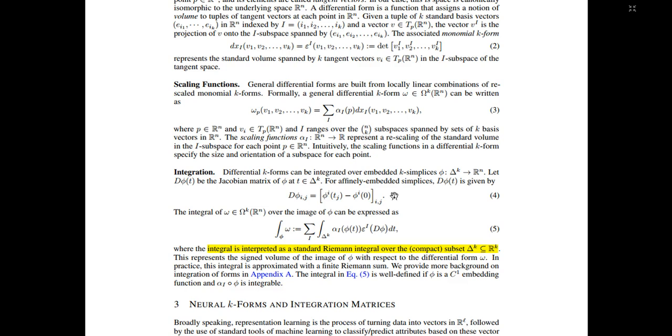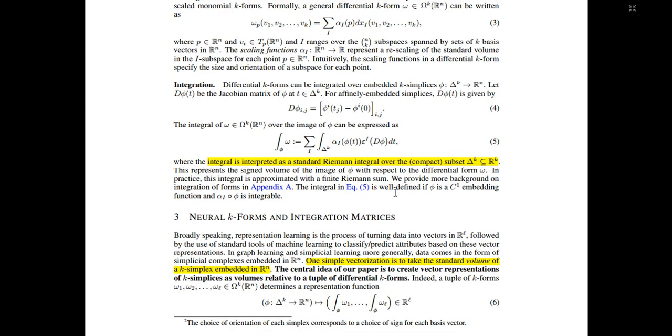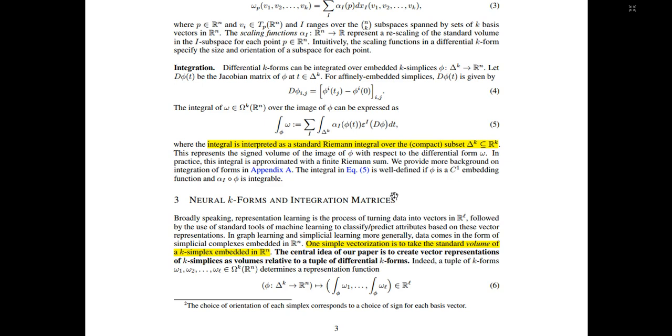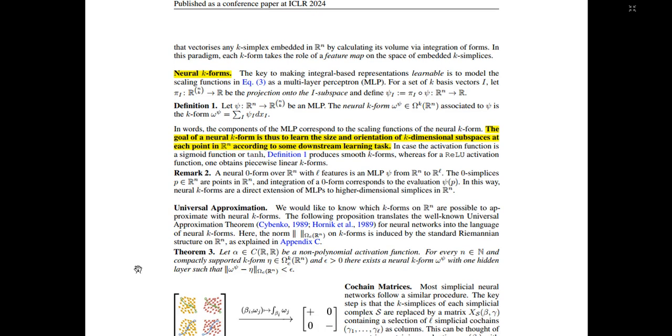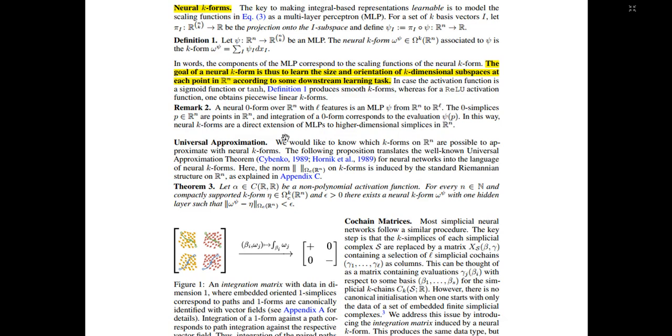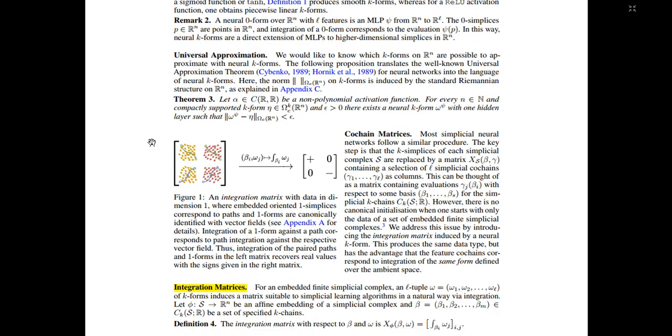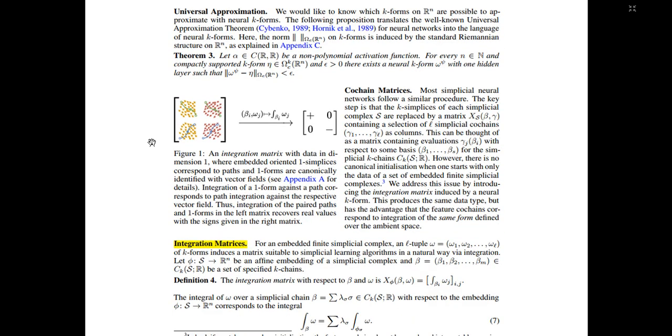So our data is simplexes, embedded, and we define differential forms and so on, and we take the volume or we take the integration to define these kinds of neural differential forms.